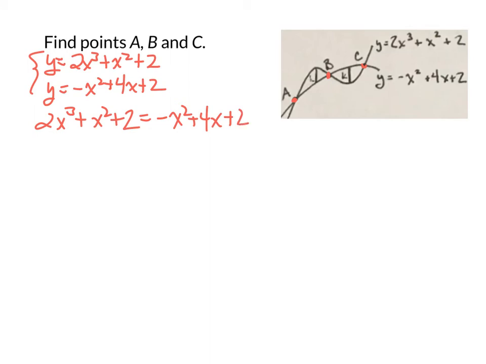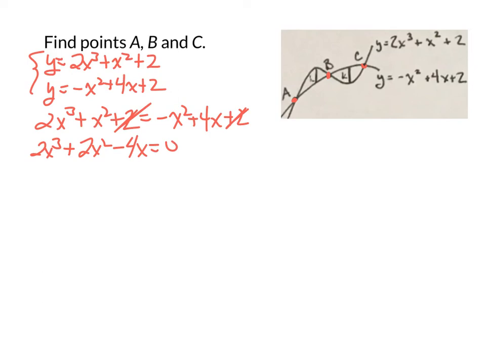And start solving. When we subtract 2 from both sides, those 2's cancel. I'm going to bring everything over to the left-hand side. So we'll have the 2x cubed. x squared plus the x squared from the other side leaves us with plus 2x squared. And then subtract the 4x, and here we are.